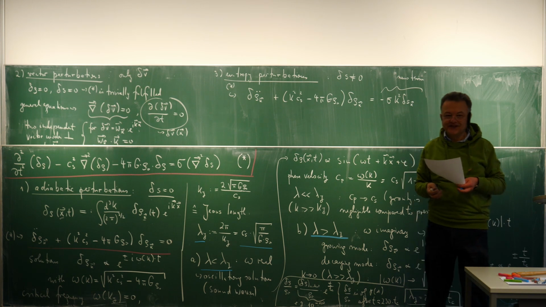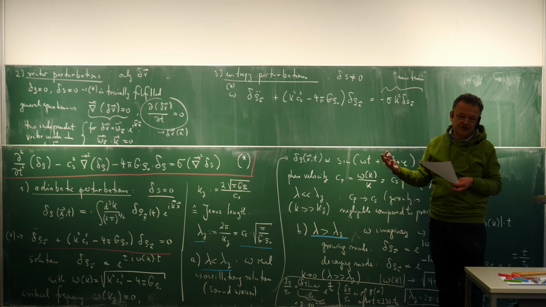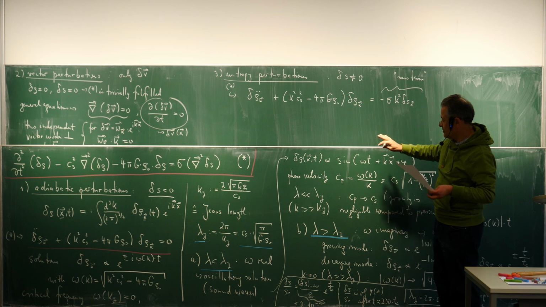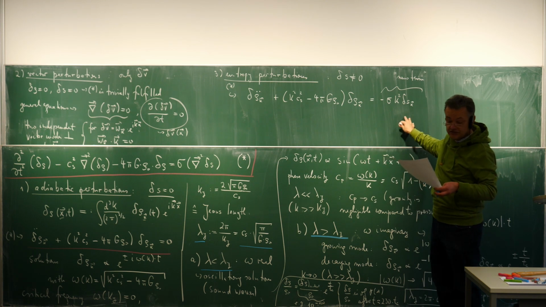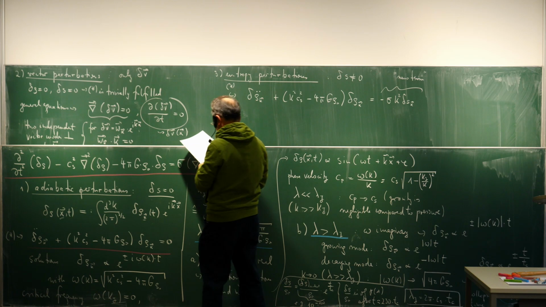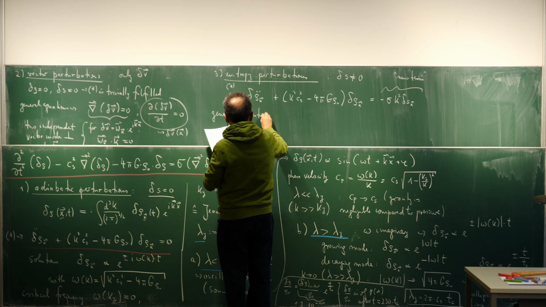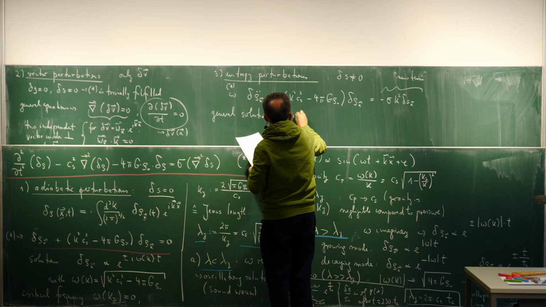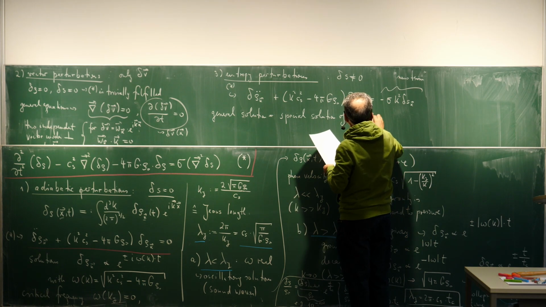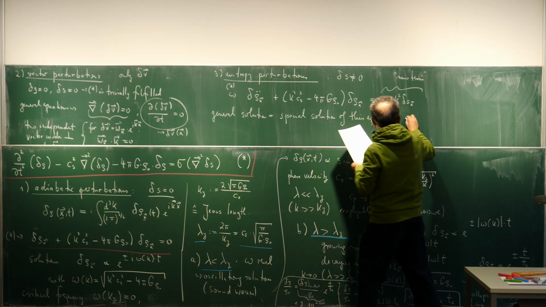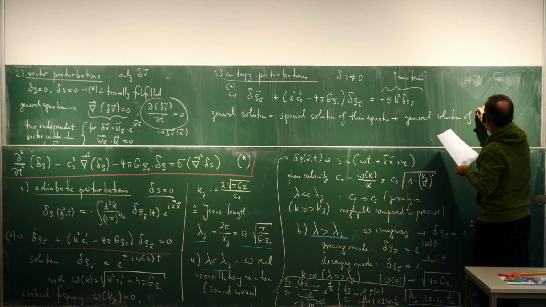And you know from the general theory that the general solution is a special solution of the inhomogeneous equation plus the general solution of the homogeneous one. The homogeneous one we have already discussed, with the oscillating or exponential solution, but we now also have a particular solution. So the general solution is a special solution of this equation plus the general solution of the homogeneous equation.